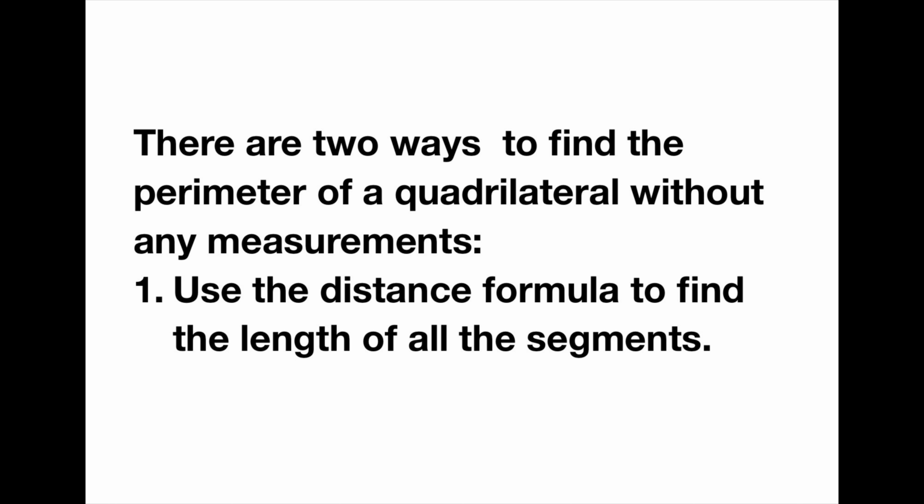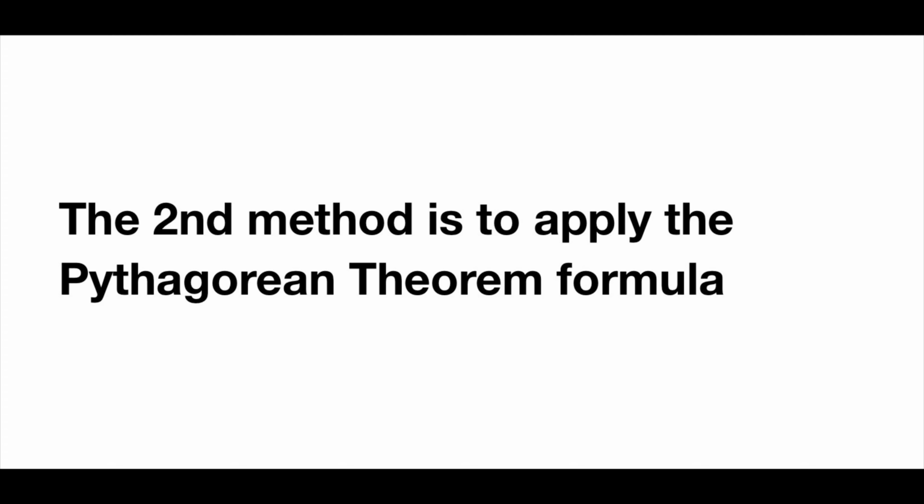So with that being said, there are two ways of finding the perimeter of a quadrilateral without any measurements. What are the two ways? First, you can use the distance formula to find the length of all of the segments. Okay? The second method, I'm going to show you, but you have to be patient. That method is the simplest and easiest method, and you are going to apply the Pythagorean theorem formula.